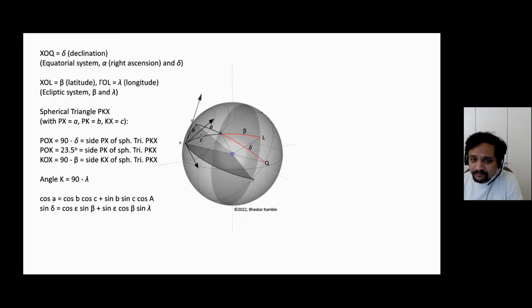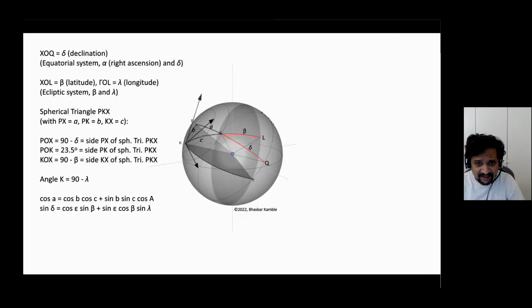So what is this angle K? Well, for that, let us make tangents through the point K to the arcs KP and KX. The angle K would be the angle between these two tangents. To understand this, observe that the tangent to K gamma makes an angle of 90 degrees with this one. And why is this 90 degrees?